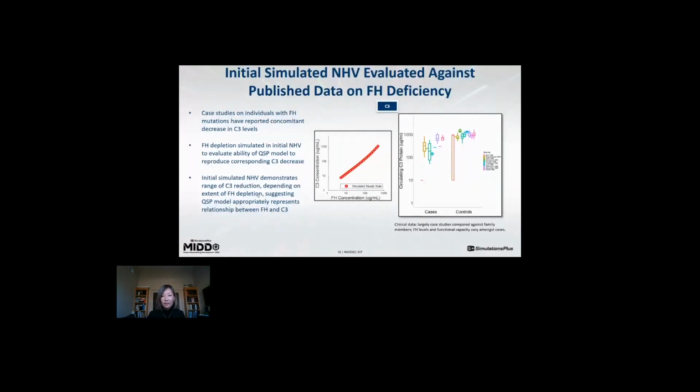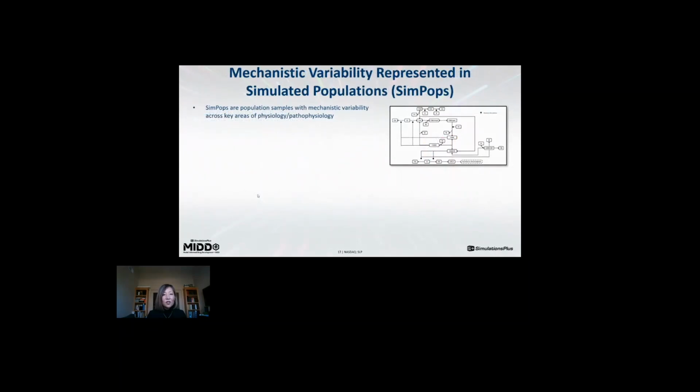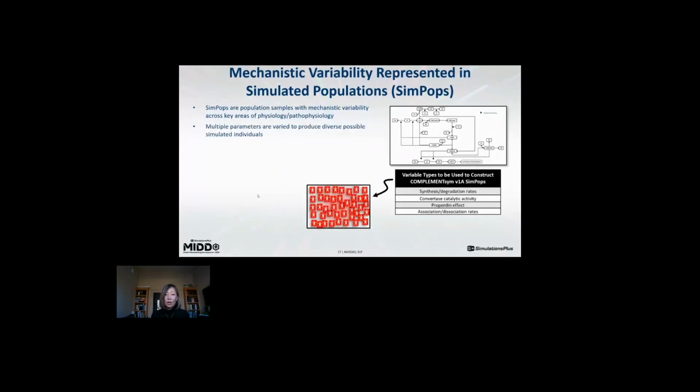So the other thing that we do is that we try to represent individual variability. More specifically, we take our complement model and we identify some of the parameters where there is reported variability or where we anticipate a certain amount of variability.